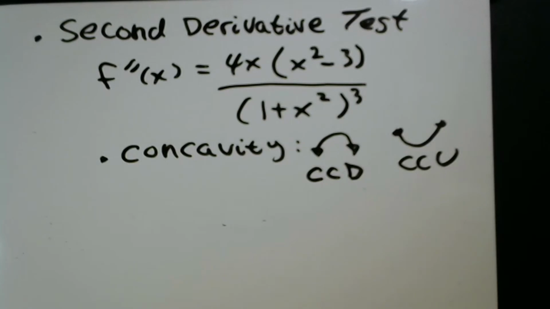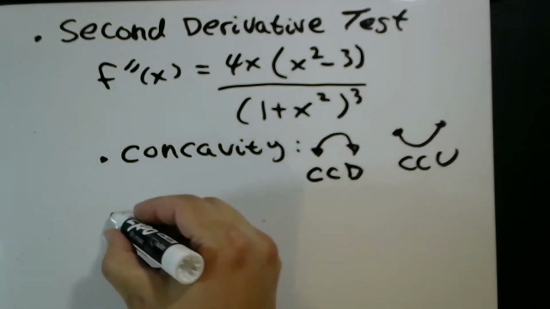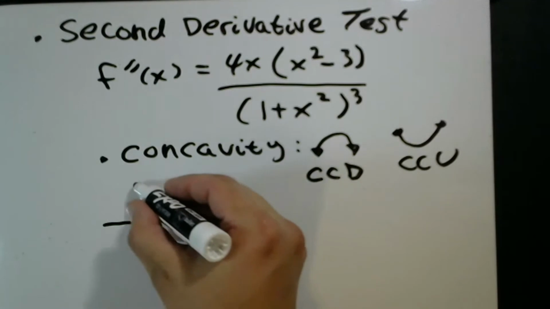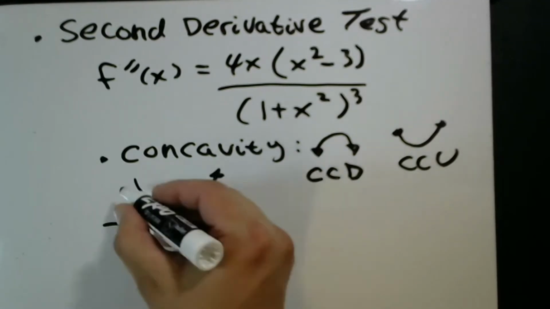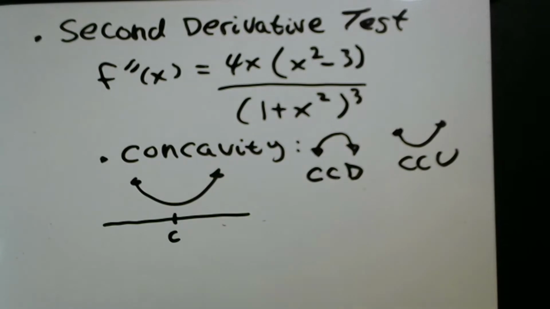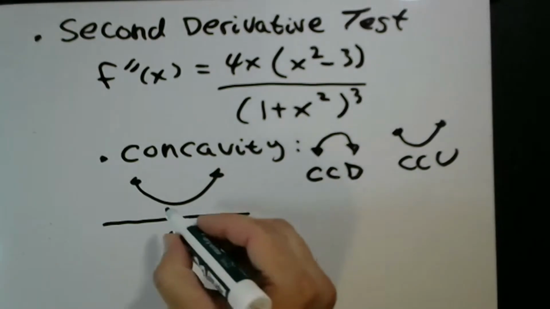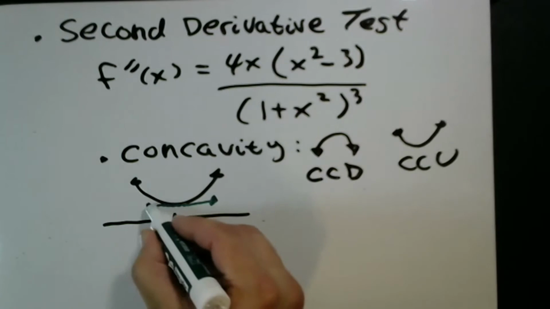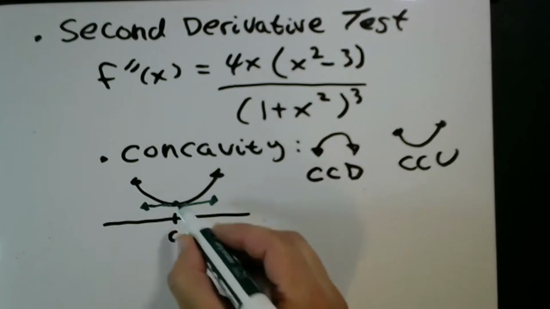So the way this works is this. We're still going to work with critical points. So again, this could be that -1 or 1. That's what C could be.